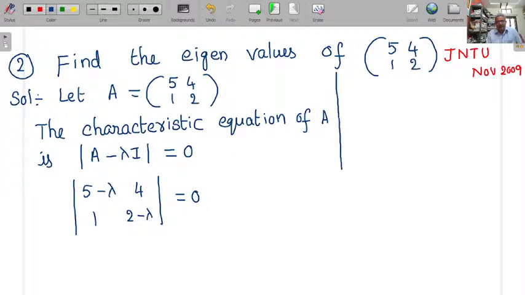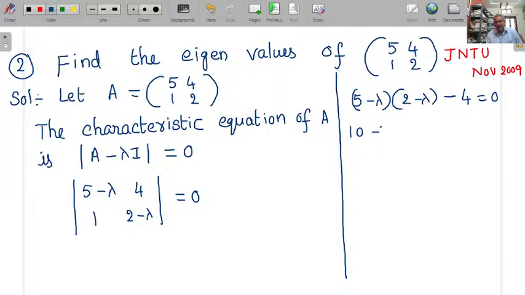So here 5 minus lambda multiplied with 2 minus lambda, minus 1 into 4, minus 4 is equated to 0. So 5 into 2, 10, you will be getting minus 5 lambda minus 2 lambda, minus 7 lambda, minus lambda into minus lambda, plus lambda square, minus 4 equals to 0. So now the terms can be rearranged: lambda square minus 7 lambda.